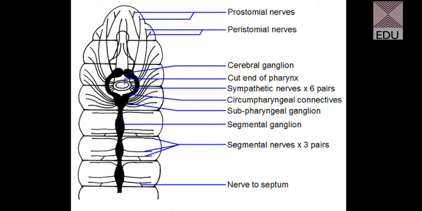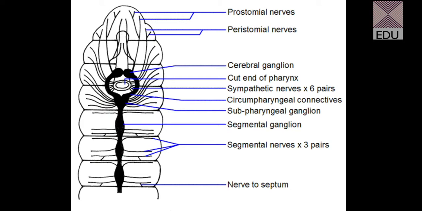The first pair goes anteriorly to the segment, and the last two pairs are posterior in position. The third, the sympathetic nervous system, consists of a network of nerves called a nerve plexus, present on the epidermis of the whole body, within the muscles of the body wall, and on the alimentary canal of the earthworm.